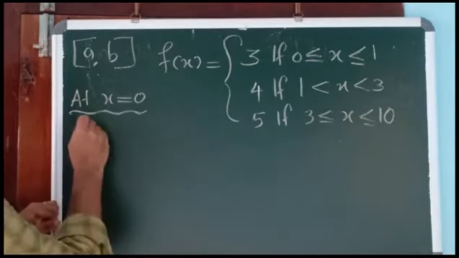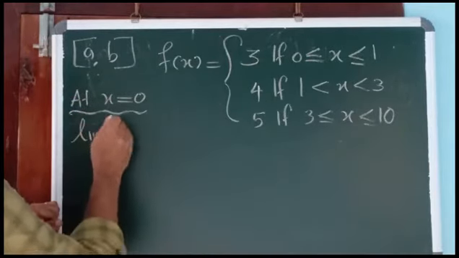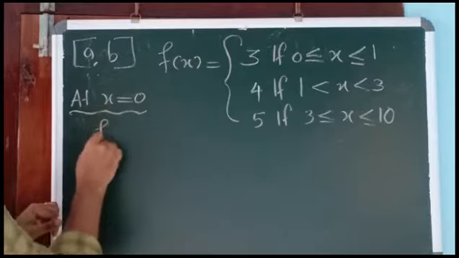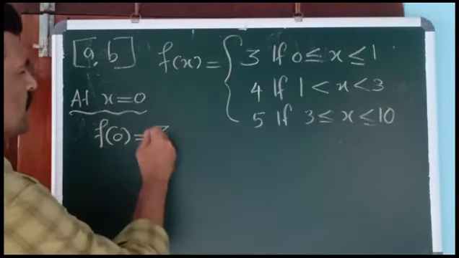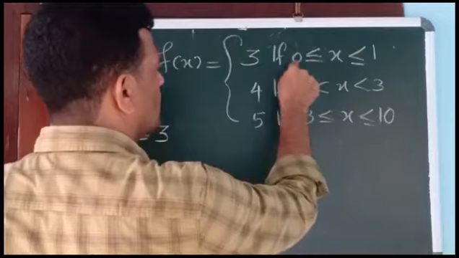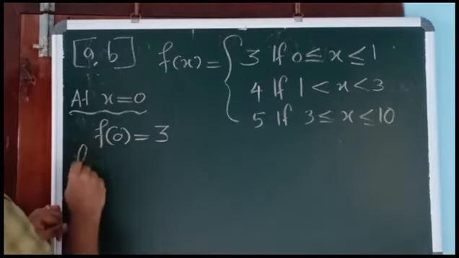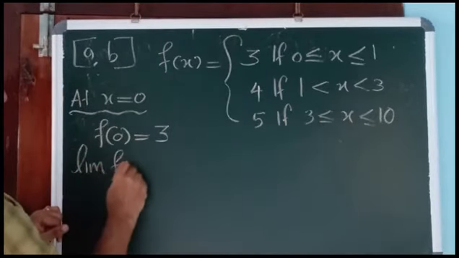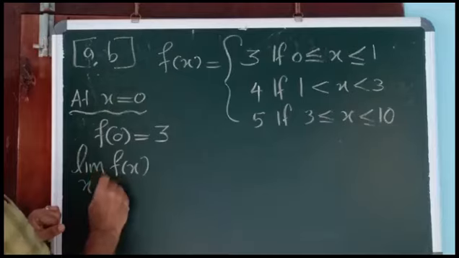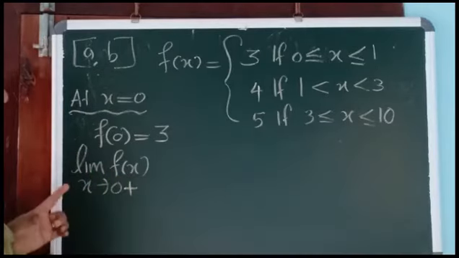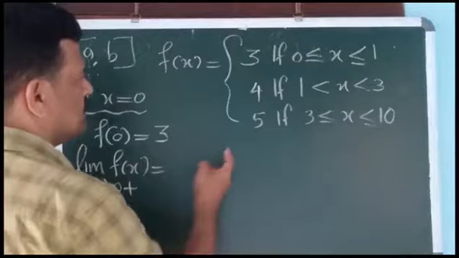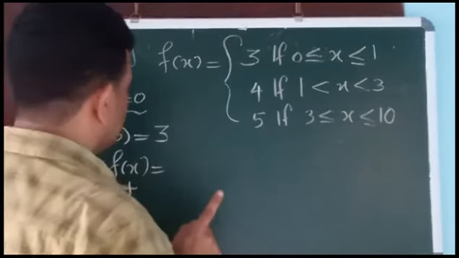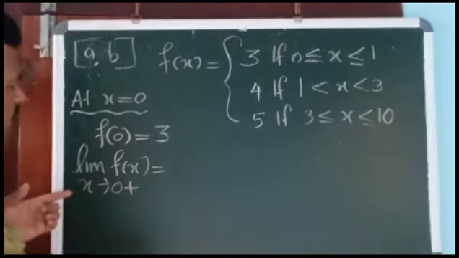First of all, I am finding f of 0. f of 0 is equal to 3 because at x equal to 0 the function is 3. I am finding the limit of f of x as x tends to 0 plus. There is no need of finding the left limit. We have to find the right limit only, that is, limit x tends to 0 and x is greater than 0.